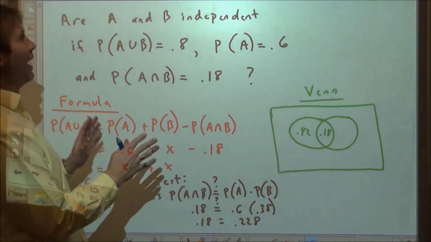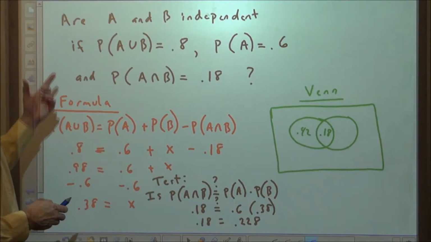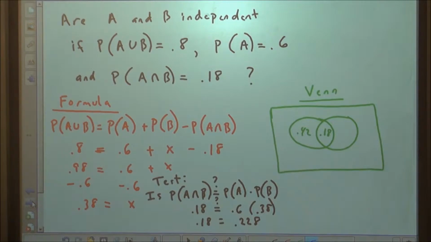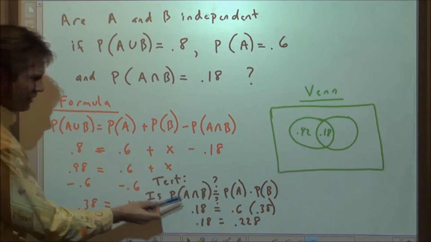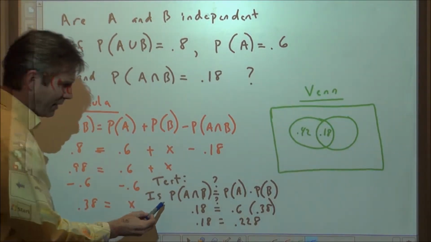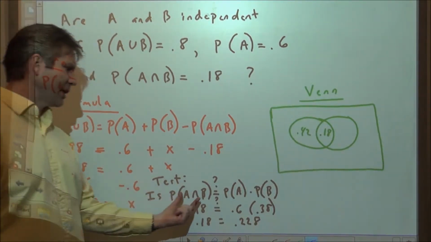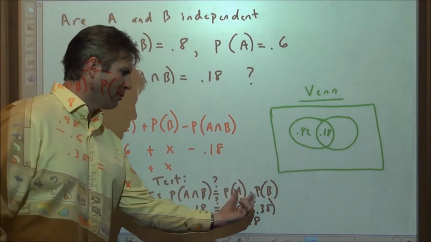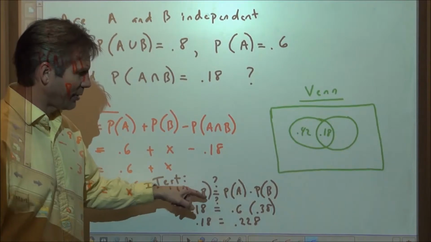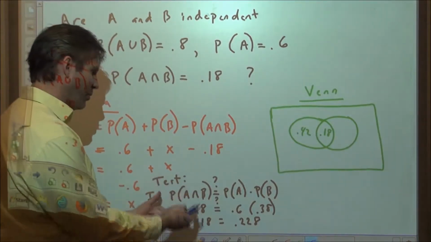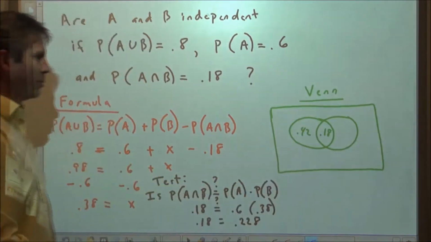All right, now are A and B independent events if these things are true? And there's two ways we can go with this. We can go the formula approach and solve for the probability of B, because ultimately the test we're going to run is, is it true that the probability of the intersection is going to equal what you get when you multiply the two probabilities together? I like putting a question mark above the equal sign to say, is it true that this probability equals the product of those two probabilities?